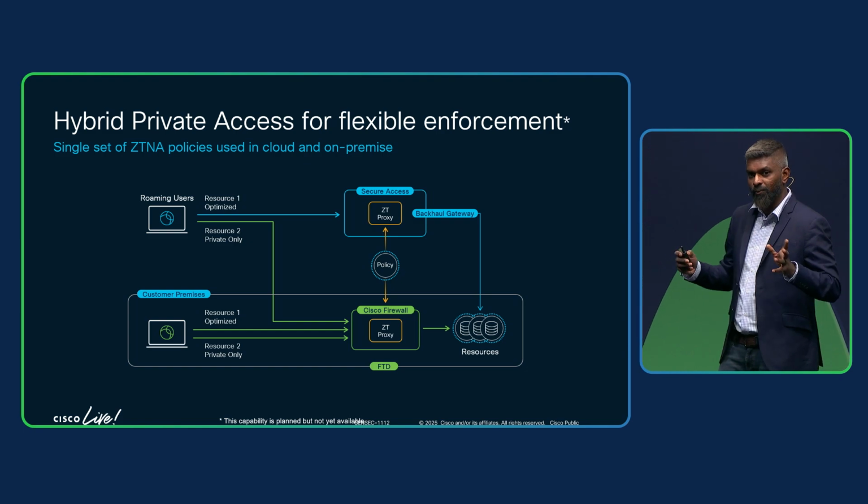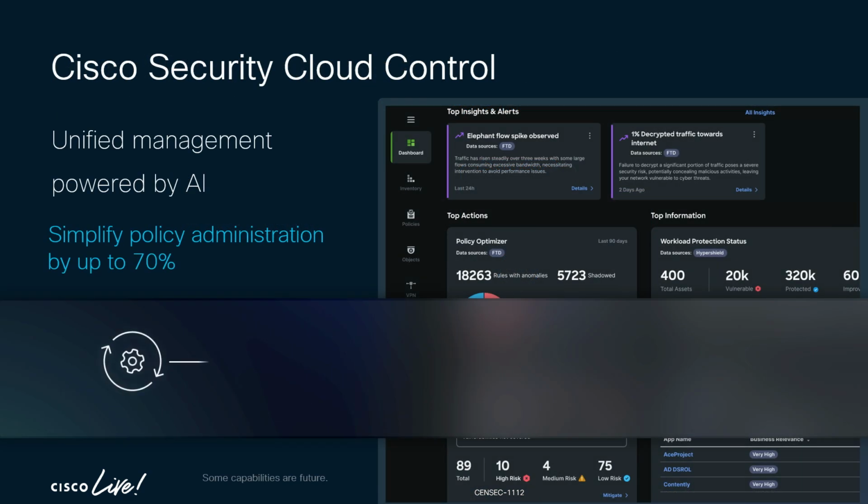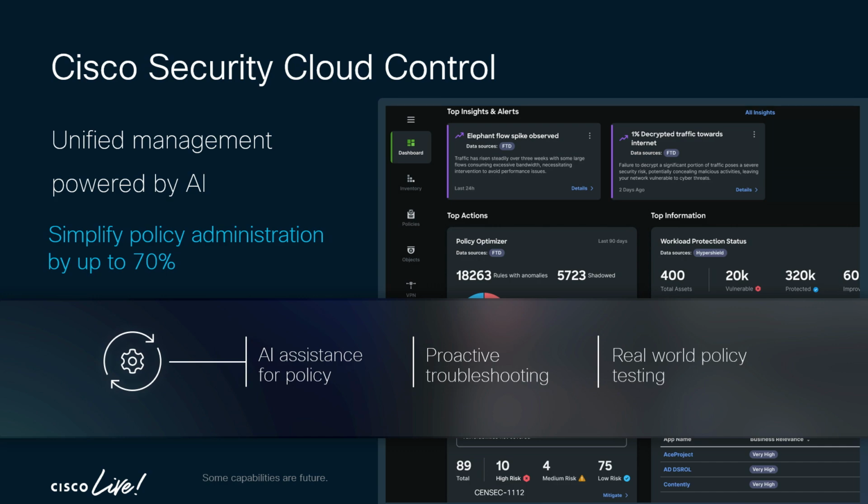Now, for those of you who are wondering, hey, how does all this come together? Do I need to manage this separately? Do I need to manage policies and so on and so forth? If you have noticed, there's a policy button in the middle. And that's where security cloud control comes into place. So when you think about secure private access, secure internet access, and so on and so forth, all of these can be delivered through our single secure access UI.